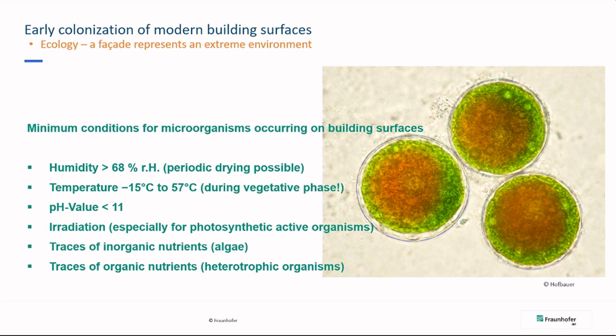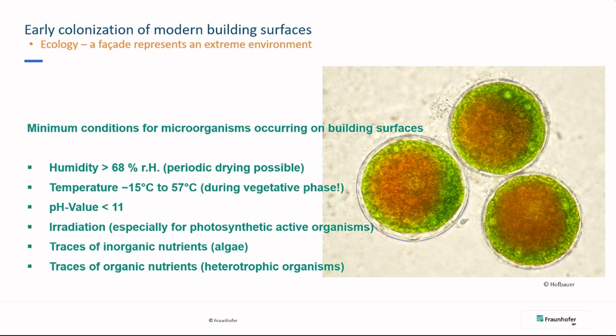So from all the organisms we recorded, we took these values together, and so we can say at least a relative humidity of 68% is necessary that these things can grow. So there are a few algae and a few mold fungi that can start their growth at this value.